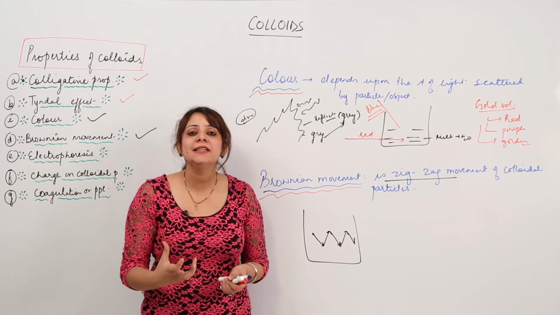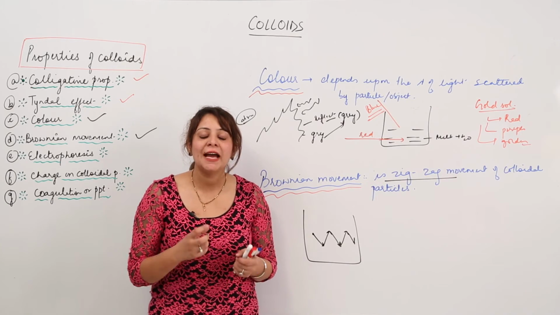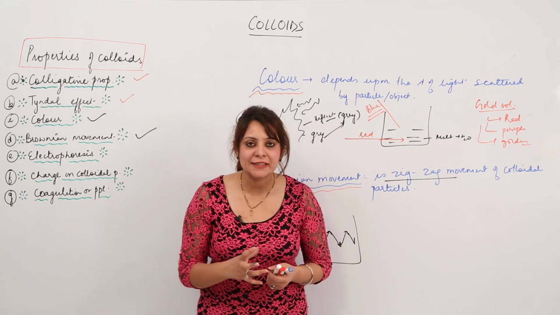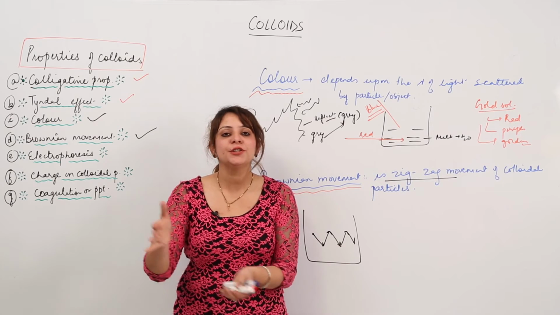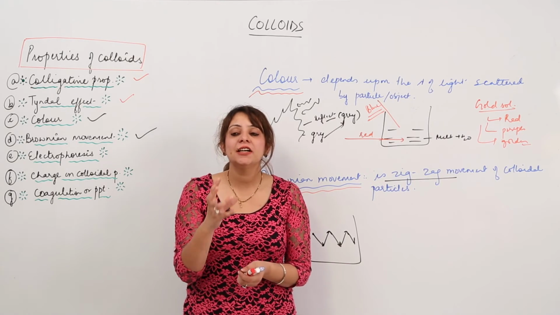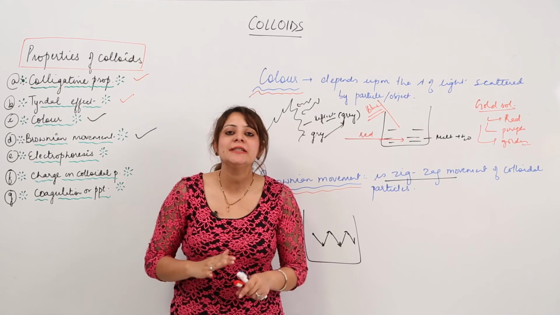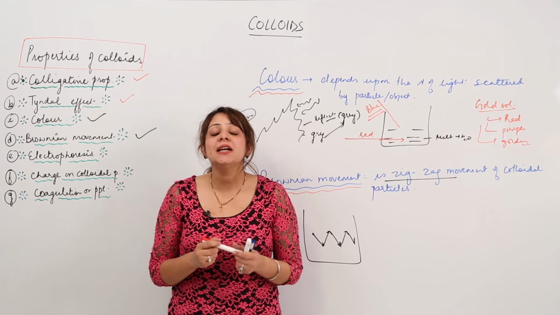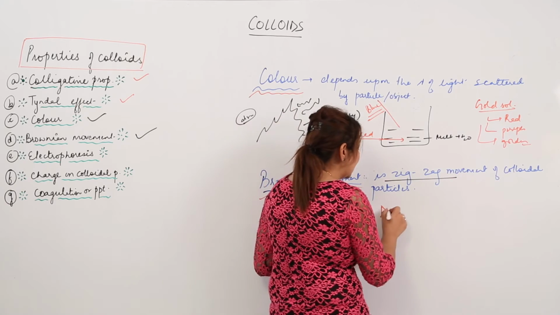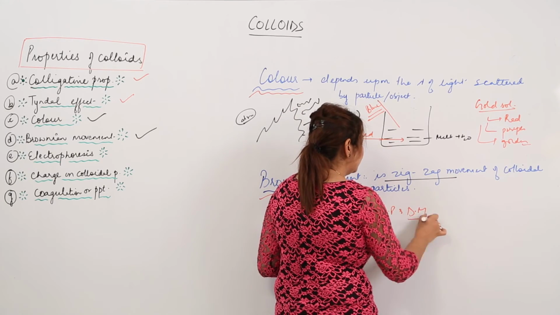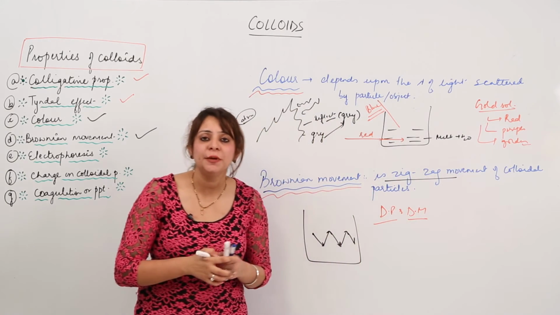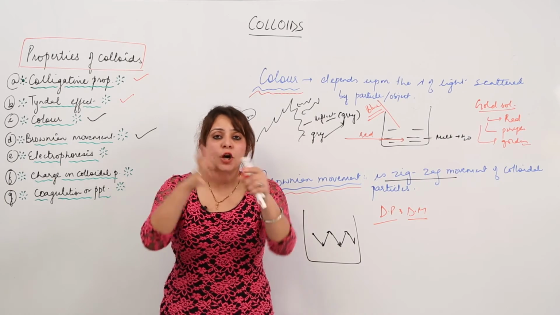Now what is the reason that they show this kind of zigzag movement? They have a moderate size. Their size lies between 1 nanometer and 1000 nanometer. That means their size is moderate, so they don't settle down. They are actually stable. But there are collisions between the dispersed phase and the dispersion medium. As the particles do not settle, they are constantly moving.